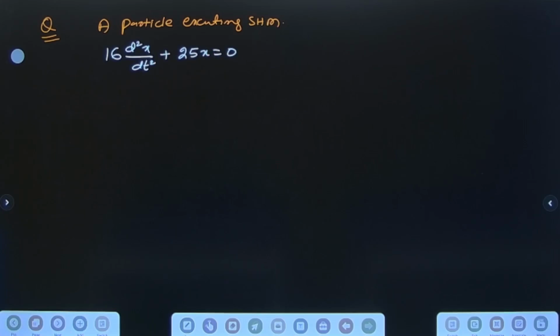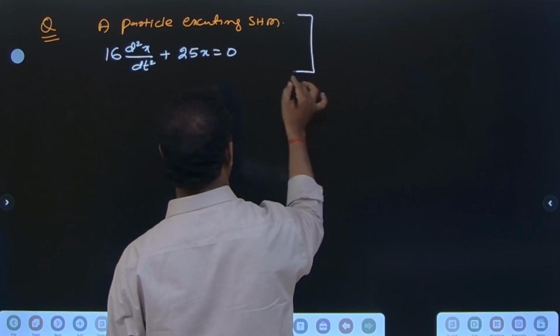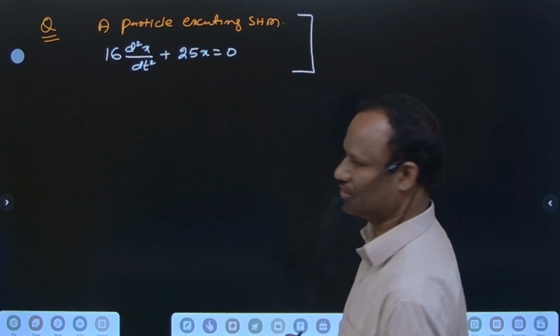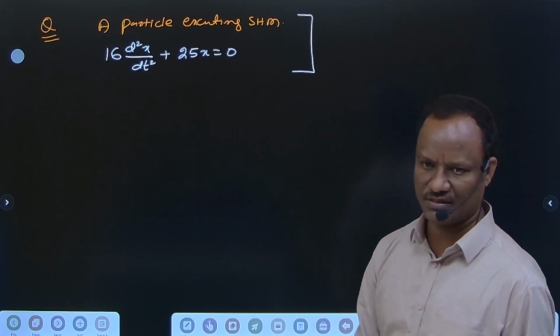This is the question: a particle executing SHM, 16 d square x by dt square plus 25x is equal to 0.